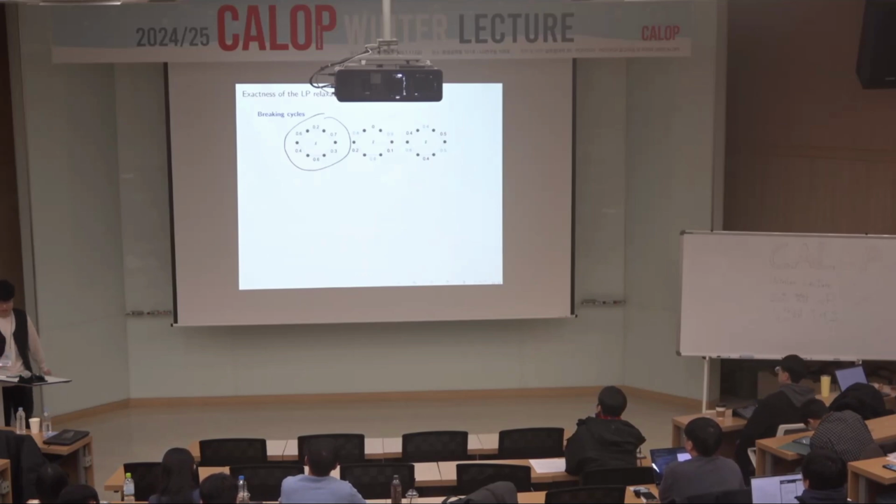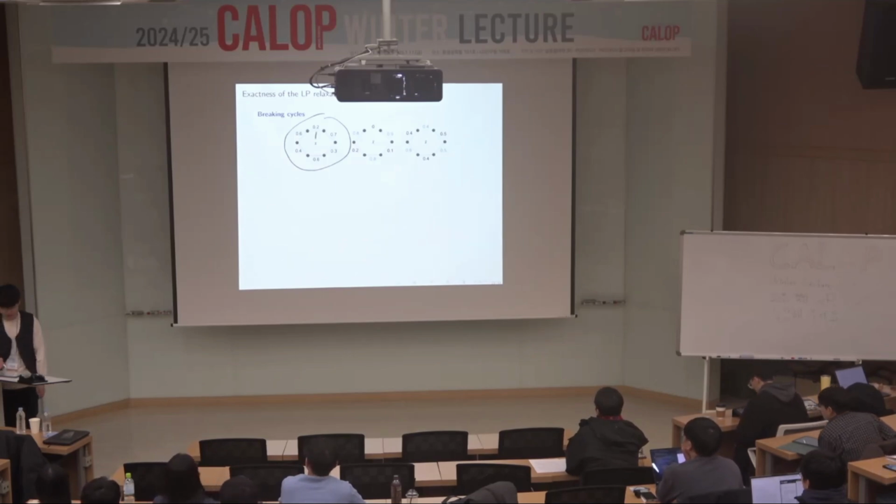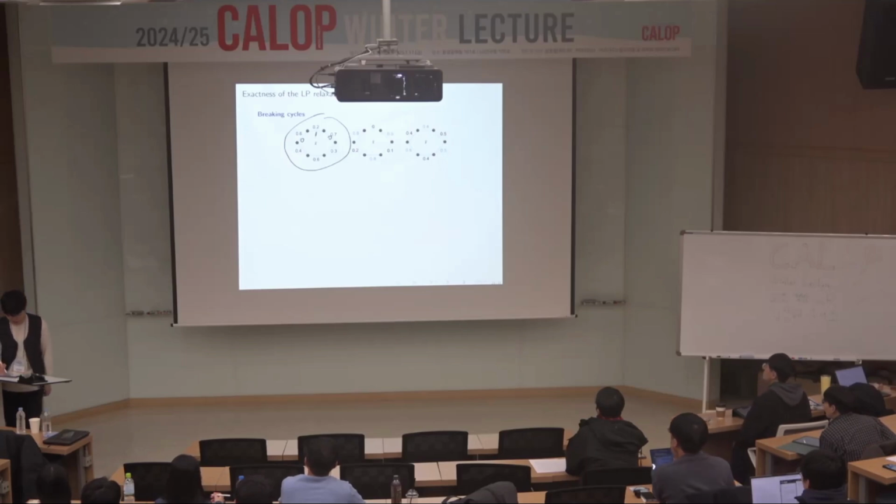If an edge has value 1, then the neighboring edges will have value 0 because of the degree constraint. So if you have a cycle, then all values are fractional.